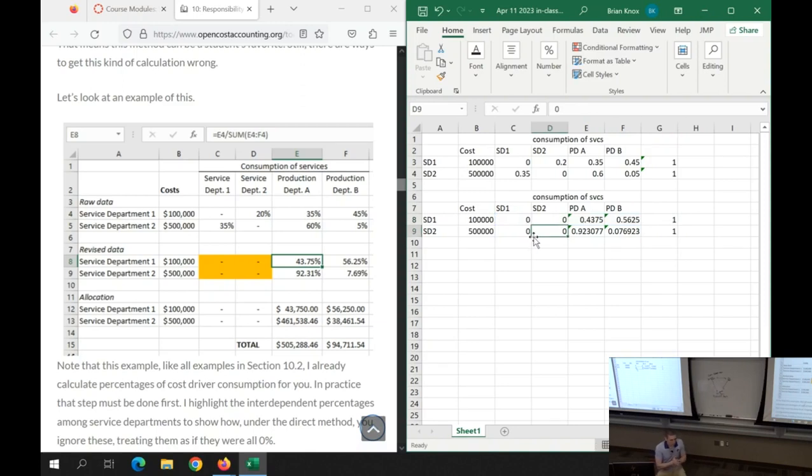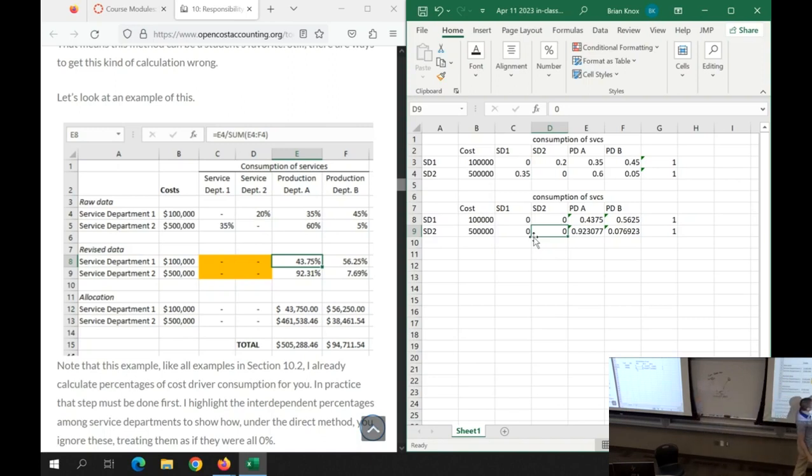Okay, so one more time through those steps. We're going to act like there's no interdependency. That's direct method. We don't want any of this business. We're going to pretend like it didn't happen. The only thing that happened is service done from service departments to production departments.